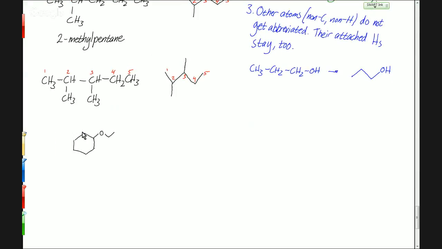Okay, now what about drawing a condensed structure from a line structure? How did you go about that? Have a good way of doing that? Count the bumps. So again, you count the bumps, yeah. And actually, in this case, you can even go easier than counting the bumps.